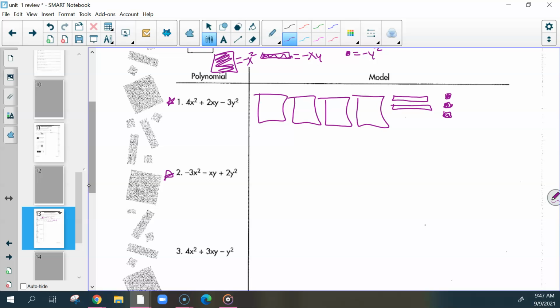We're just going to do one more of those and then move on to the next. Negative 3x squared, how would I represent that? Caleb? Doesn't have to be completely shaded. As long as I can tell that it's not unshaded. Negative xy.